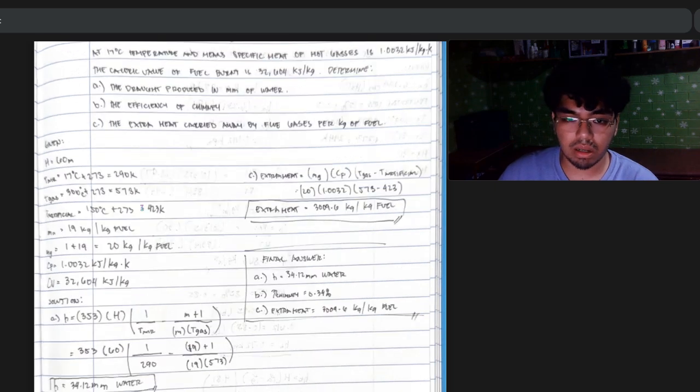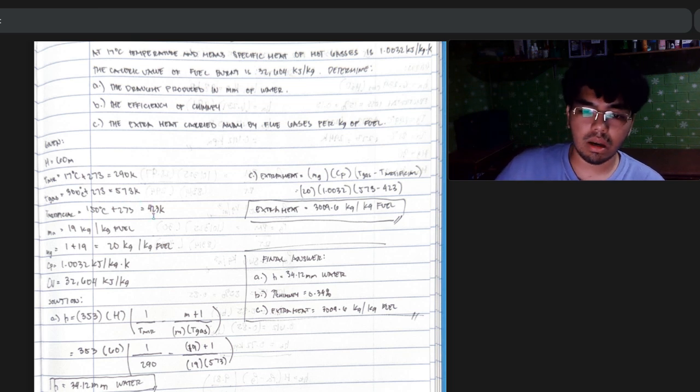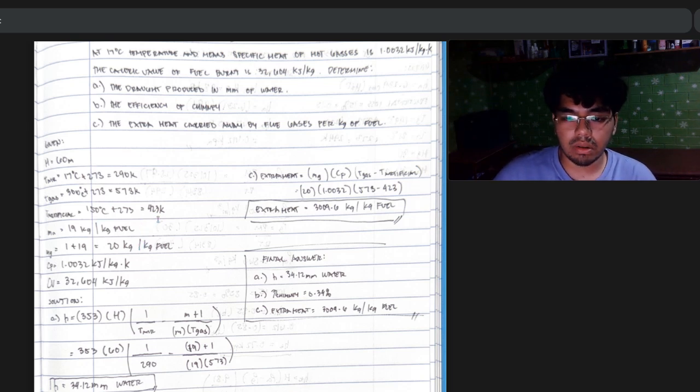So, given the problem, H is equal to 60, temperature air 290 Kelvin, temperature gas 573 Kelvin, artificial temperature 420 Kelvin, mass 19 kilogram per kilogram of fuel, mg.